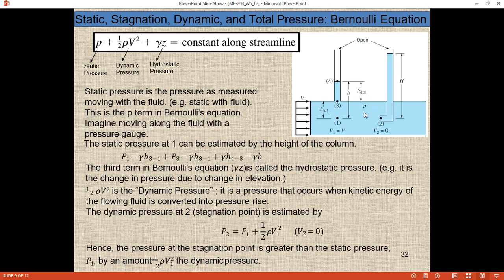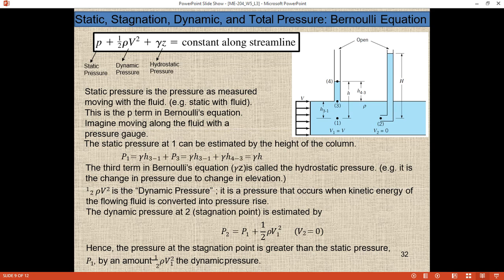The fluid continues entering the tube till it has energy. Once the energy is completely converted into the height of the column, the fluid stops entering the tube.